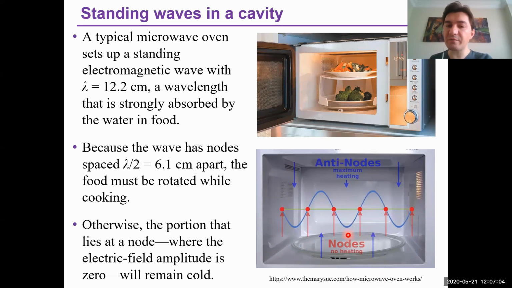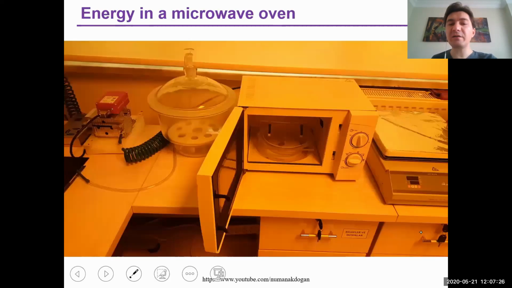In order to provide homogeneous heating of the food, you have to rotate the food within the microwave oven. Then each part of the food will be heated by the antinodes of the electric field. You can see by eye how these microwave ovens carry energy and transfer energy to the medium, to the particles.